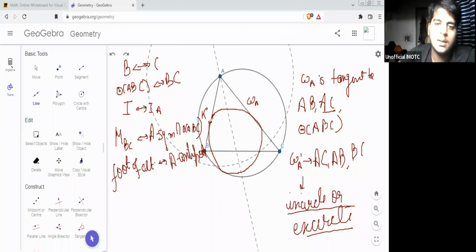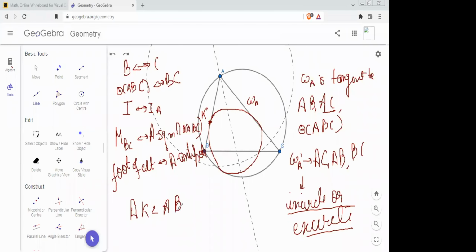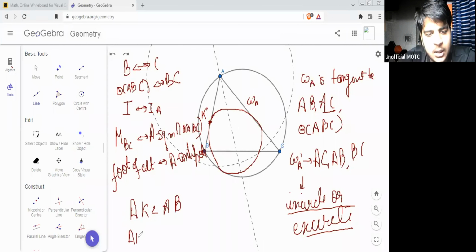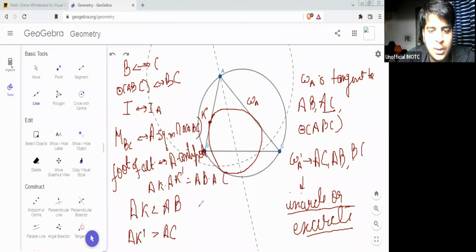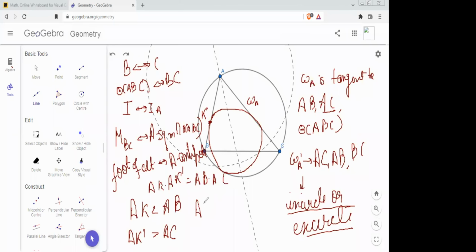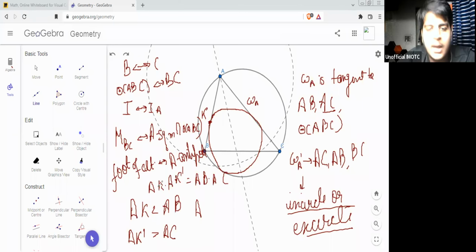If you take this mixed linear in touch point on AB, let's call it K. It's known that AK is less than AB, because the mixed linear circle is completely inside. So when you take the image of K, let's call it K dash, AK dash will be greater than AC, because AK times AK dash is equal to AB times AC. It lies on line AC.